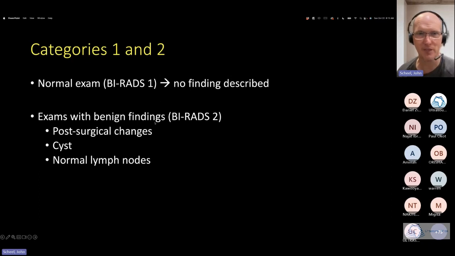If you describe something like a lymph node, a cyst, or post-surgical changes, then it becomes BI-RADS 2. So even though the lymph node is normal, if you actually describe the lymph nodes as being normal, then it becomes BI-RADS 2. If you just ignore them because they're normal, then it's BI-RADS 1, even though it's the same exam.